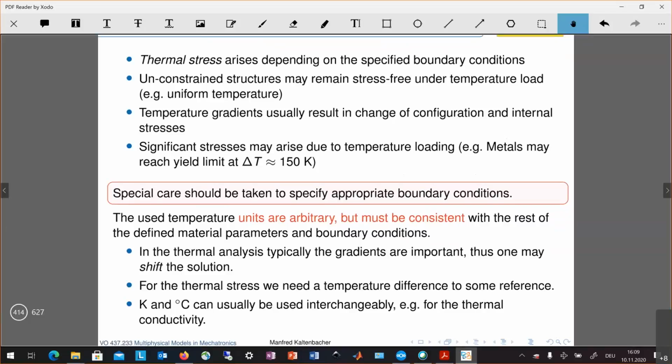With the help of the Joule's losses, you can compute the temperature distribution within your device, and then in a further step, with the help of the temperature distribution, you can solve the mechanical equation where this temperature distribution enters at the right hand side of your mechanical system as an additional load on the structure, and that will give you the deformed structure of your device.